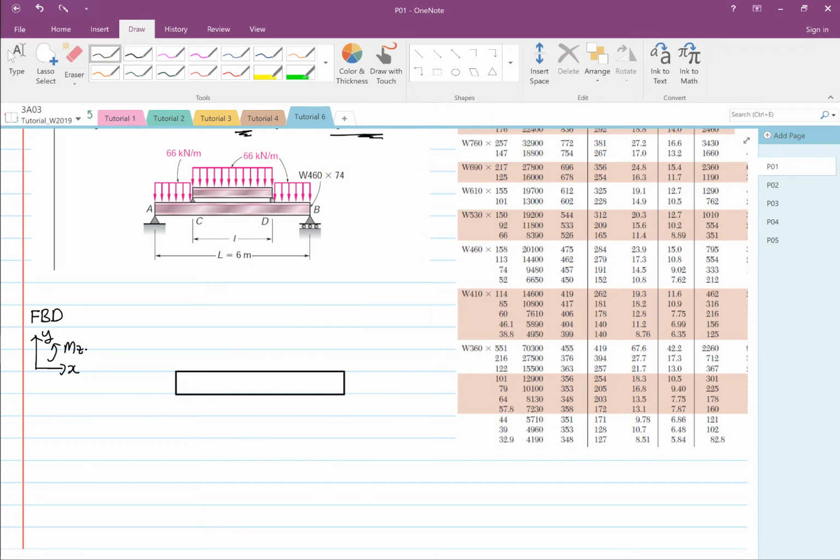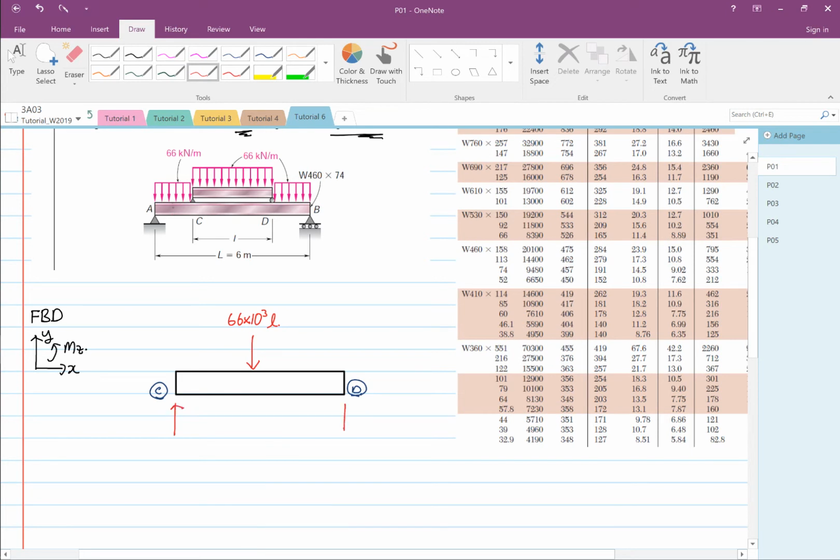Over here we know that there's a load coming down, and this is equal to 66 times 10 to the power 3 L. Then we know that we have two reactions. I'm also going to call this point C and point D, and over here we are given two reactions.